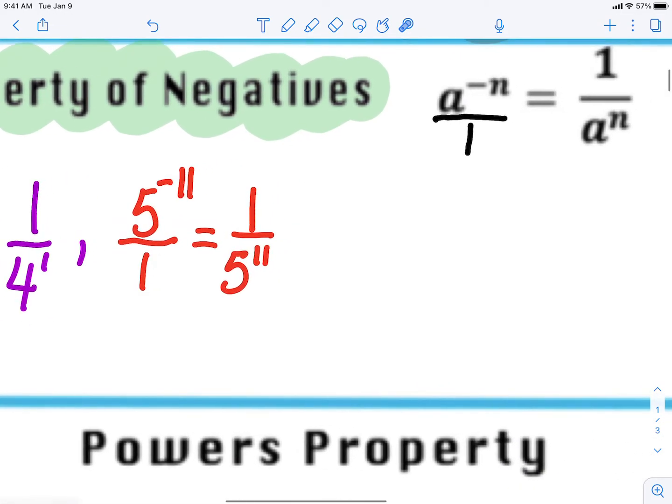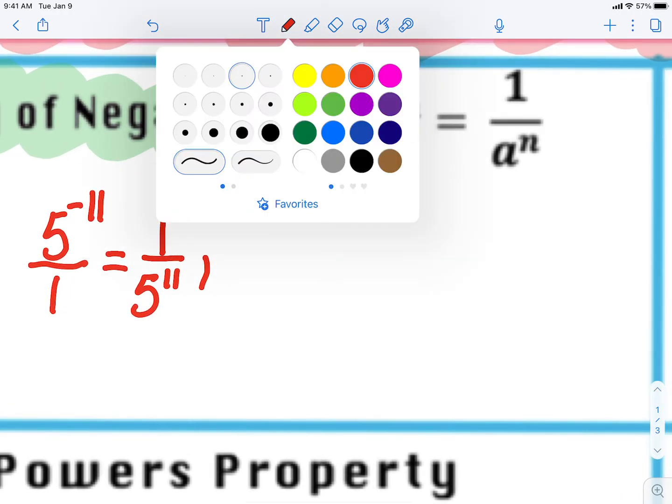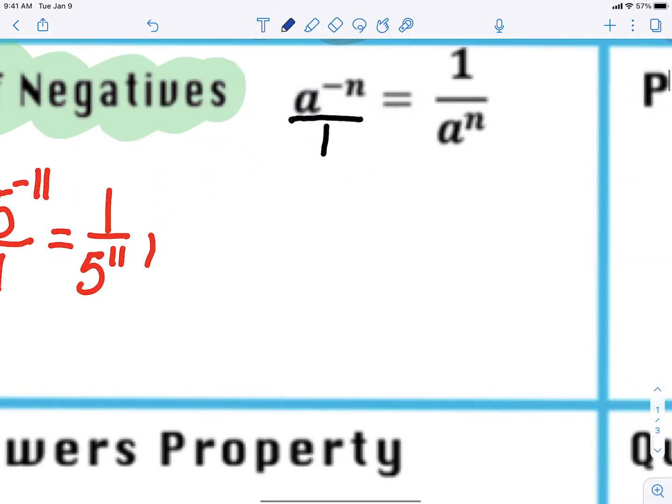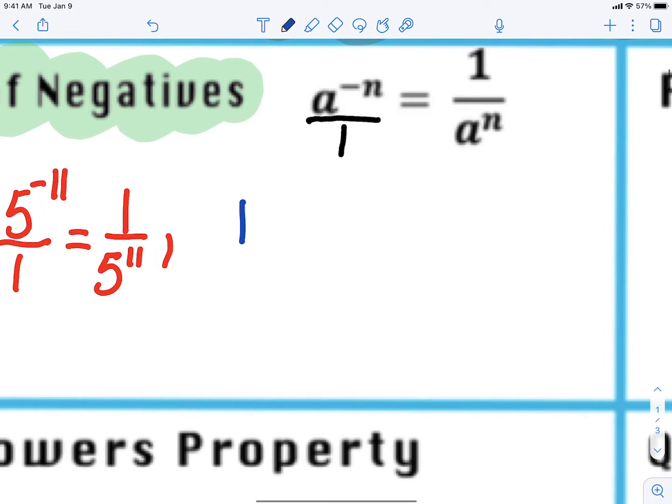Now, the same thing is going to work if it's backwards. Let me show you. What if we start off with, let's say, 1 over 24 to the negative 8?